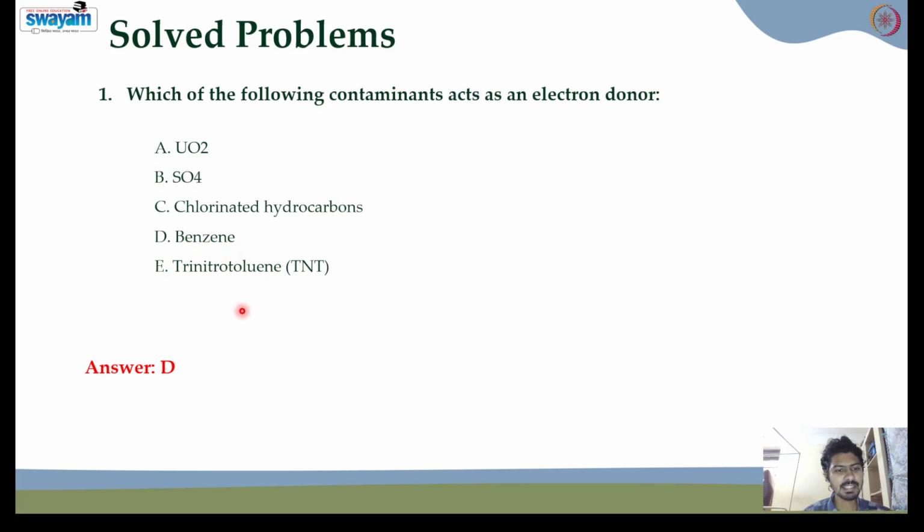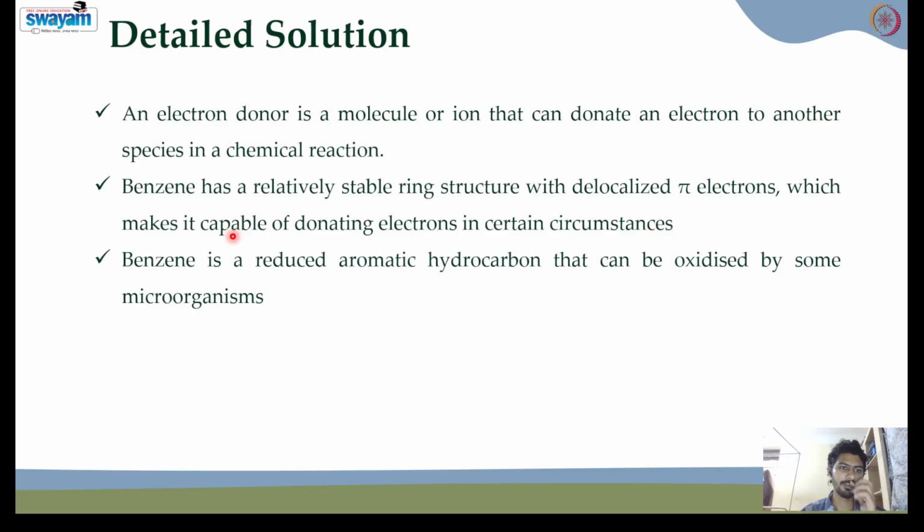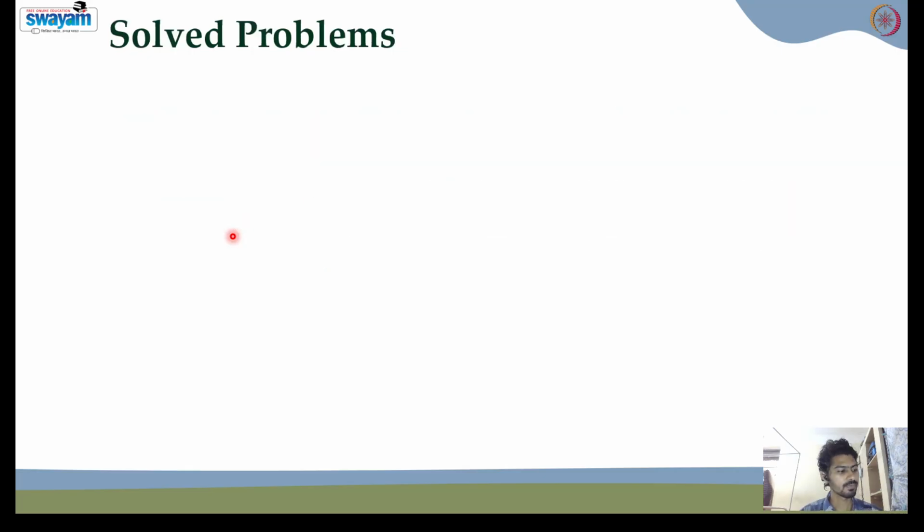That is why it acts as an electron acceptor. So options A, B, E are electron acceptors, whereas option C, in some cases chlorinated hydrocarbons act as an electron donor, but commonly they are electron acceptors. So the only option D, which is benzene, acts as an electron donor among these five options. So we will move on to the next question.